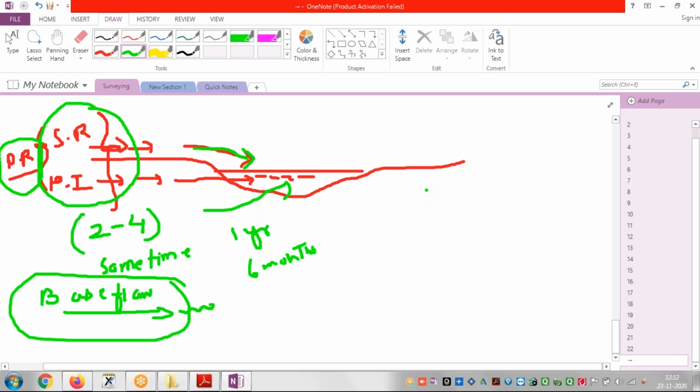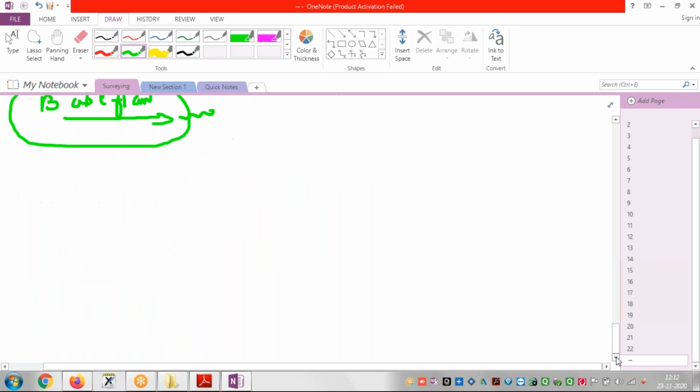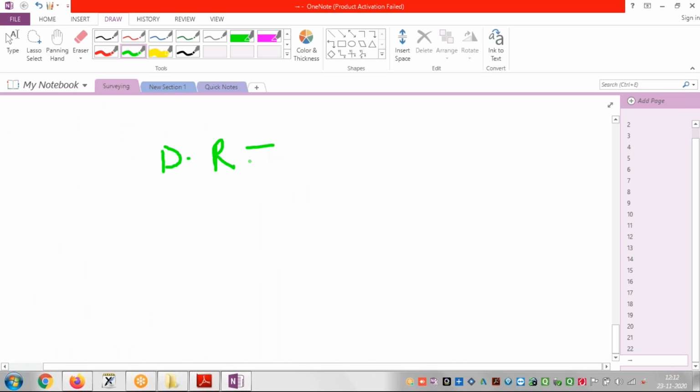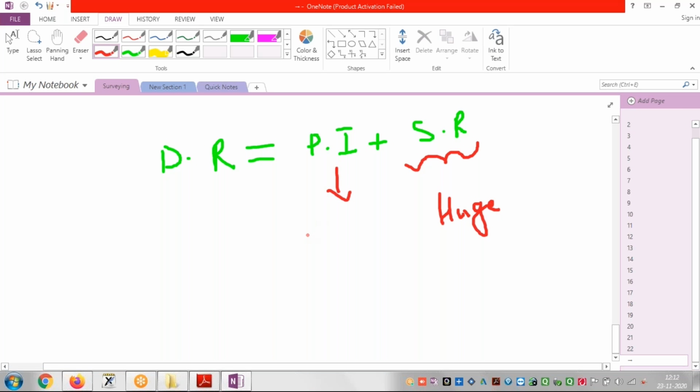Now, direct runoff definition is clear, then you will see that this direct runoff is the sum of prompt interflow plus surface runoff. But you know that surface runoff is a very huge quantity, right? And this prompt interflow is a very small quantity, right?